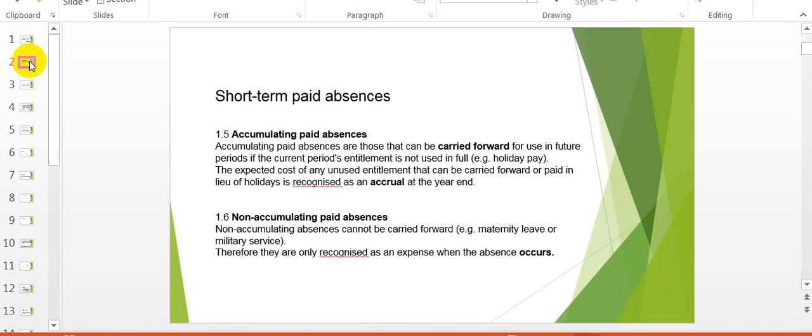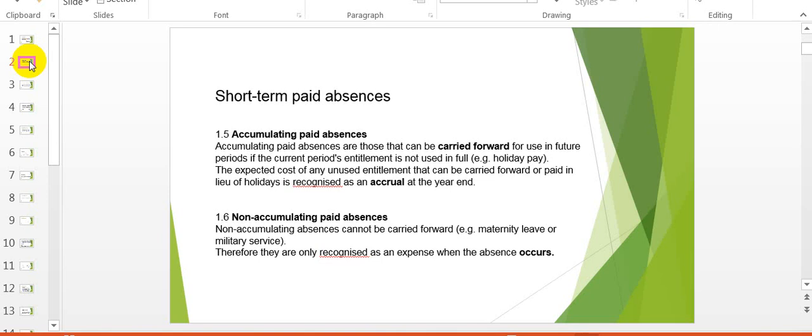Those days which are carried forward need to be recognized through an accrual since the employees have rendered the service in that particular year and have not utilized those days. So an accrual is included in the financial statements at the end of the year.